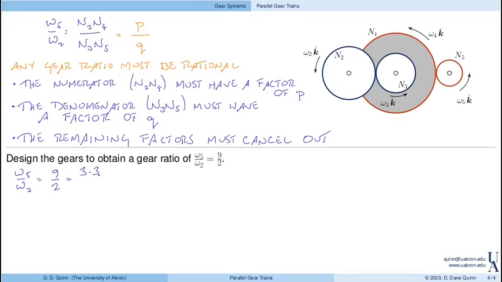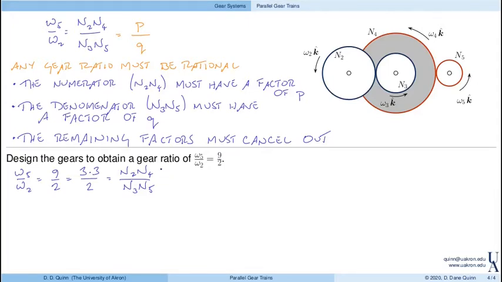In this case, factoring the numerator is 3 times 3. Factoring the denominator is 2. And that has to be equal to N2 times N4 divided by N3 times N5. So here, that means N2 times N4 has to have factors of 3 with multiplicity 2. And N3 and N5, that product has to contain a factor of 2.